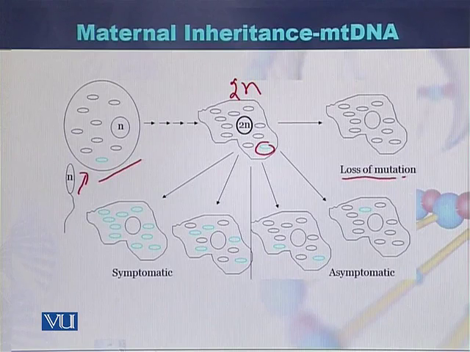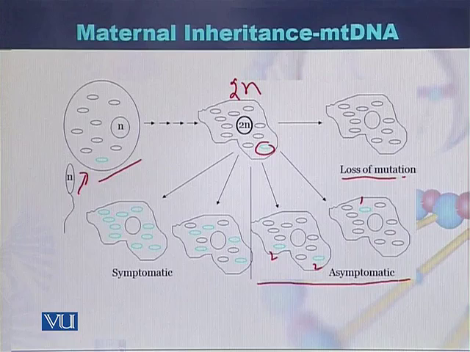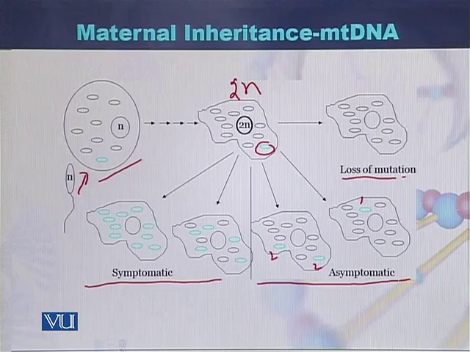Within these two individuals there can be a single cell. Here we can see a single cell, and here we can see 2 copies of the mitochondria. If there are few copies of the mitochondrial DNA, the individuals would be asymptomatic, while those individuals that have multiple copies of the mitochondria with a mutation would be symptomatic.